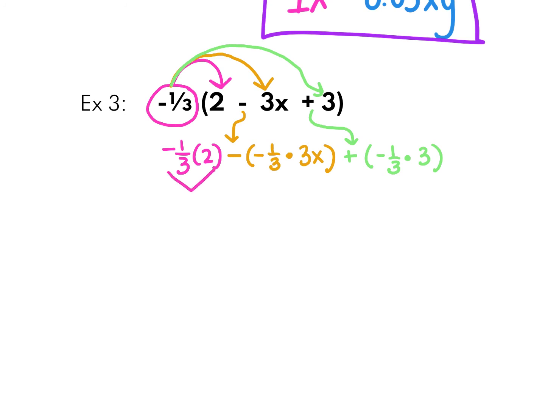Negative 1/3 times 2 is negative 2/3. I still have this minus sign, yes? Negative 1/3 times 3x. So I'm going to take my negative 1/3 times 3 in my calculator. My x stays. This is going to be negative 1.